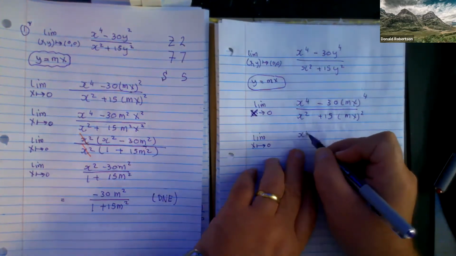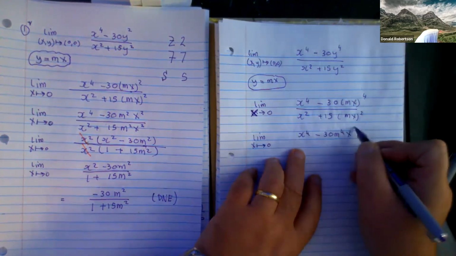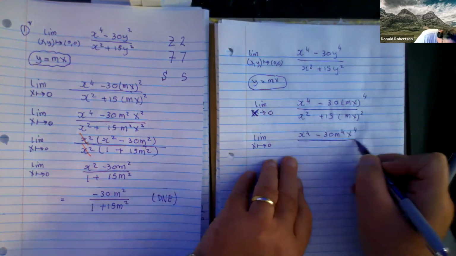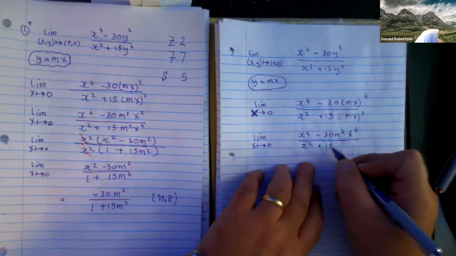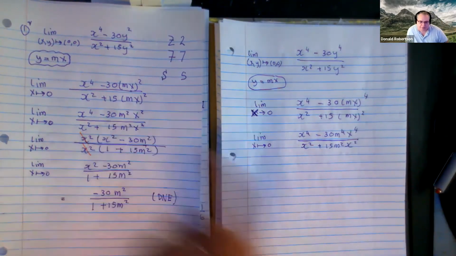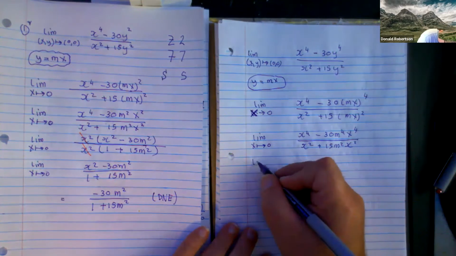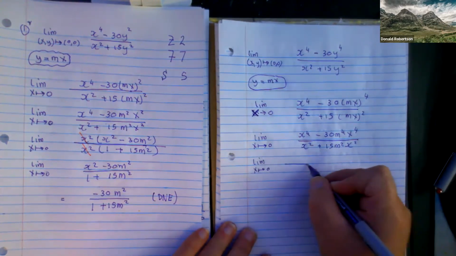This guy is x to the 4. This guy ends up looking like that. This guy, and we get that. Not that dissimilar from this line. Now there's a little bit of difference in this line.